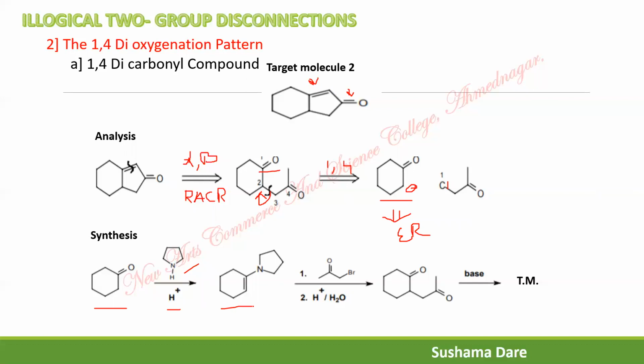It gives an alpha beta unsaturated amine. Then you treat it with alpha bromoketone, and after that you remove whatever group you added, that is the secondary amine group, by hydrolyzing it. It gives a 1,4-dicarbonyl compound, and after that there is an aldol condensation reaction in presence of base, then it gives the target molecule.